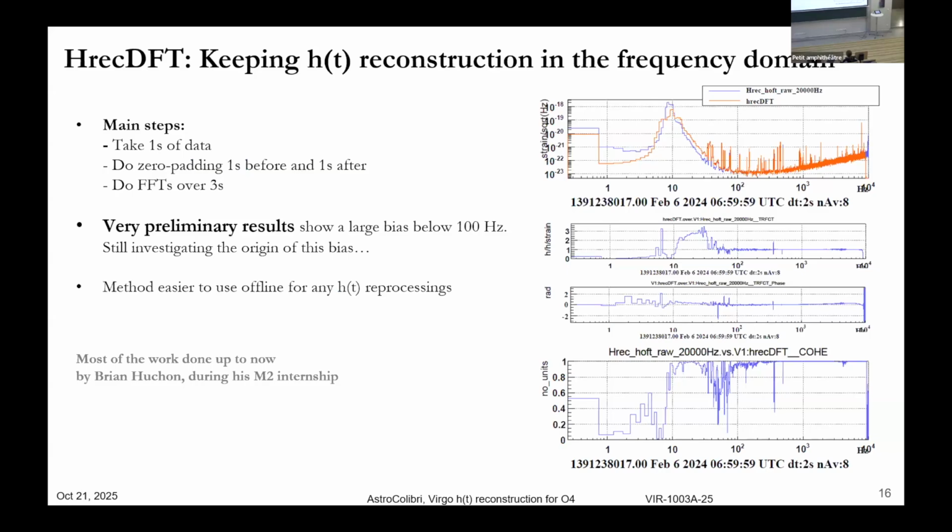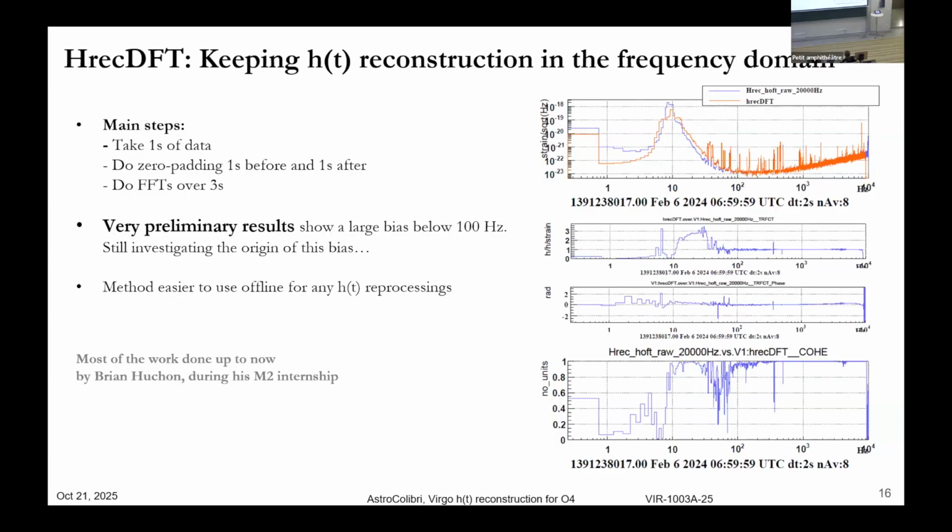For the first option, we have developed and improved the HREC, which was compared to the H of t currently provided. You see in orange what is provided by the new H of t, and in blue what is provided by the current H of t, and you see a difference.